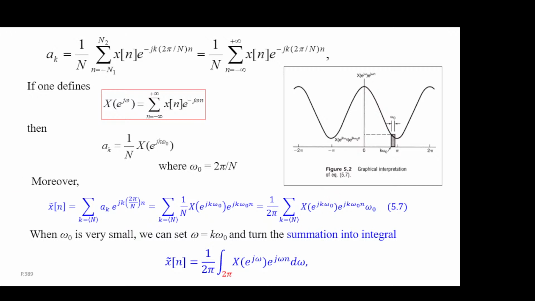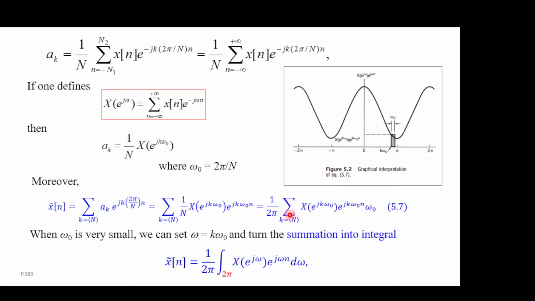But we need to be a little careful about the range of summation, right? The range of summation is always over one period of n, so it depends on how you want to pick.